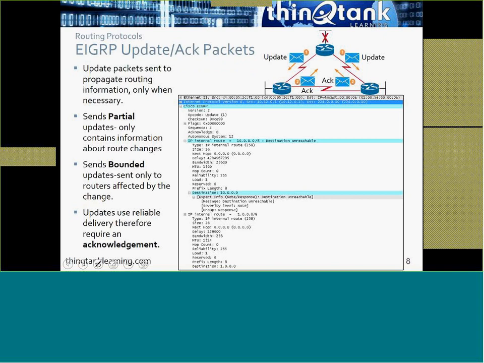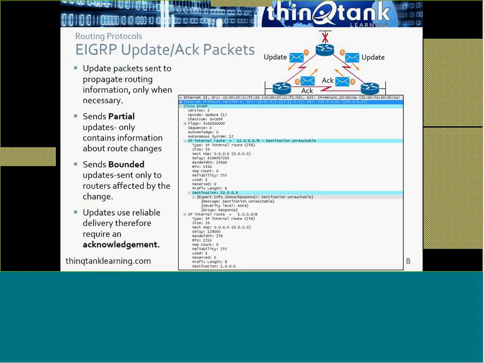Now, updates are used for initial convergence, but they're obviously also used for changes in the topology as changes occur as well. Agreed? So an update is not just sending the initial information. It's also sending the additional information when something else changes.